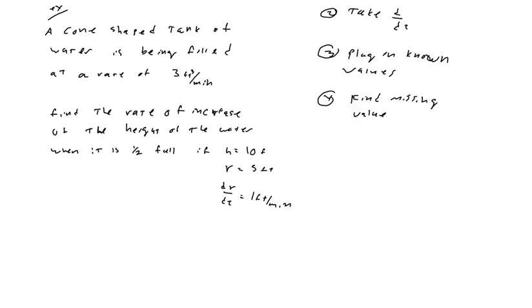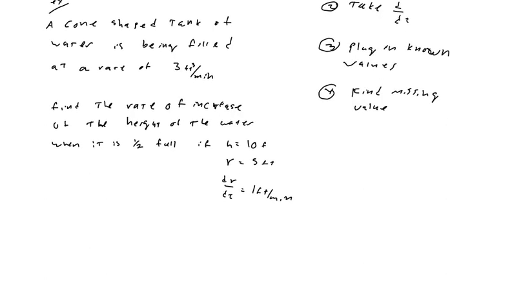So we got some information about a cone-shaped tank of water. We know its rate of being filled. What variable does this rate represent? Well, we're talking about rate of increase of a tank of water.